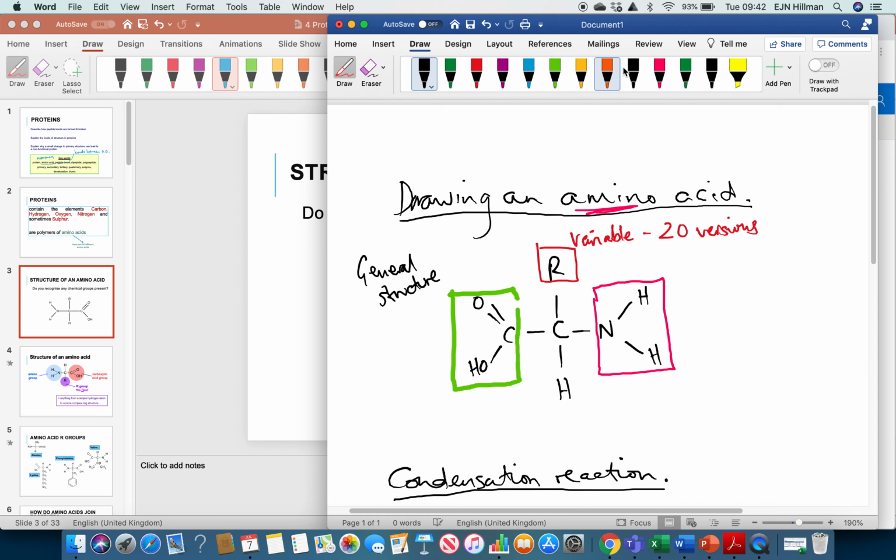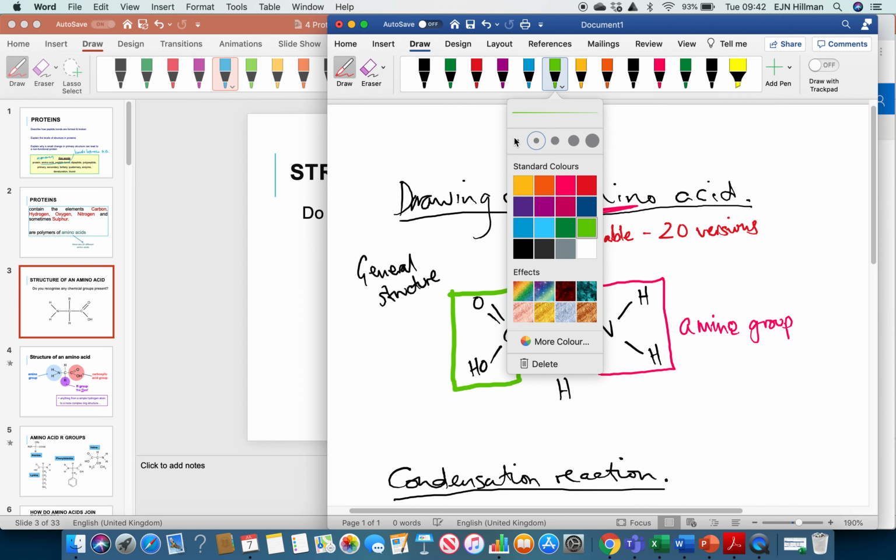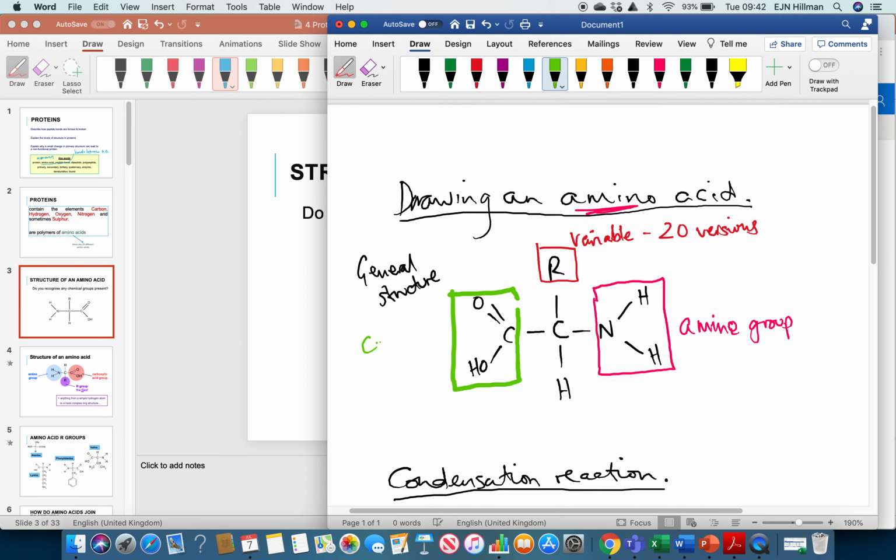You may also be expected to label the different regions. So this is what's known as the amino group or amine group. And this is the carboxyl group or carboxylic acid group.